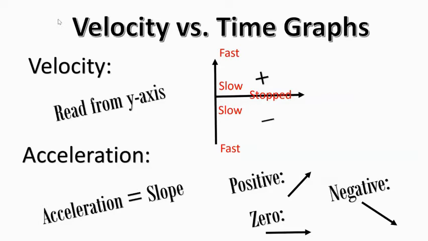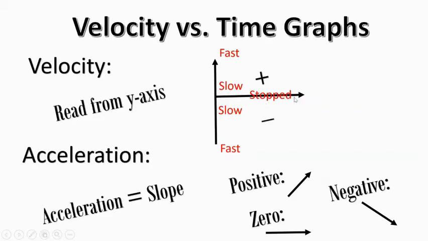First of all, where the line is on a velocity graph can tell you important information. If it's on the top half, then the velocity is positive. If the line is on the bottom half, velocity is negative. Now, it also matters how close to the middle line the graph line is.